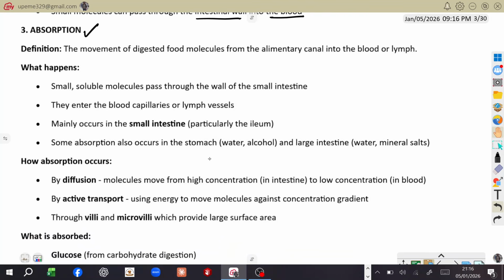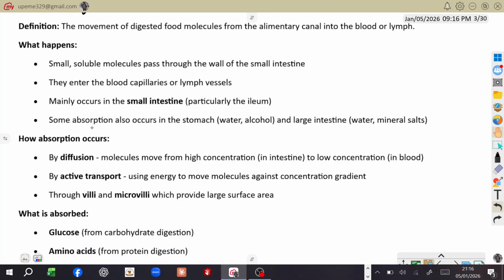When we use the word mainly, it means that it can also happen in the large intestine, but the main region in the alimentary canal where absorption of food nutrients occurs is the small intestine. The small intestine is divided into 3 regions: the duodenum, the jejunum, and the ileum. So it occurs particularly in the ileum.